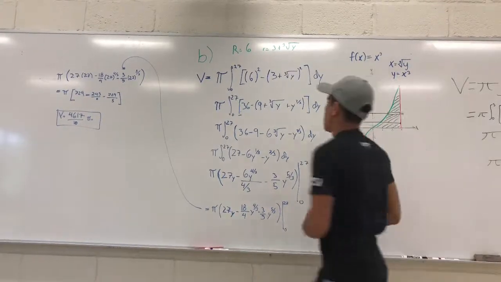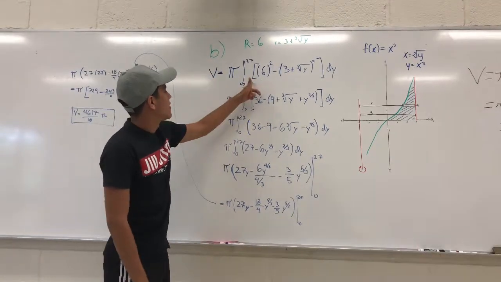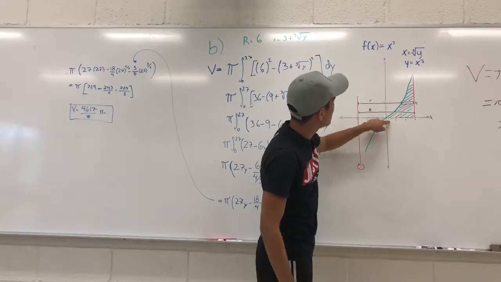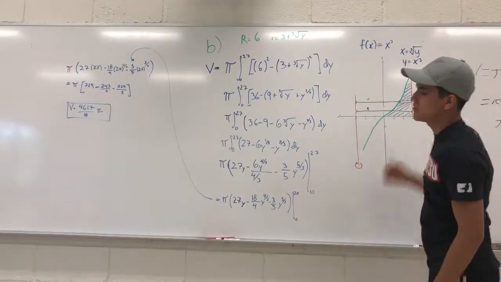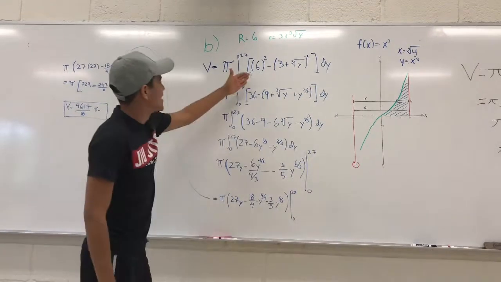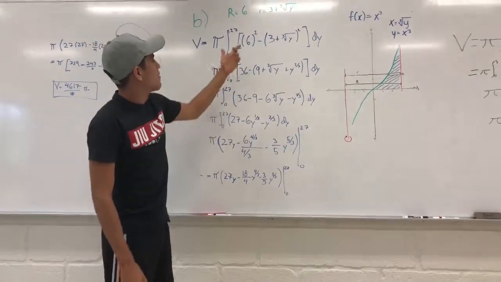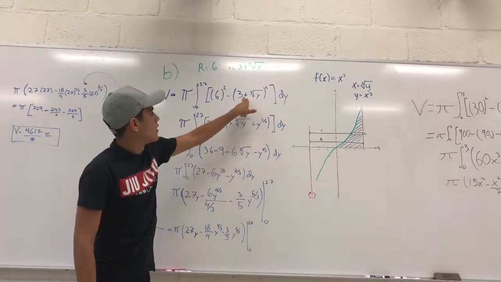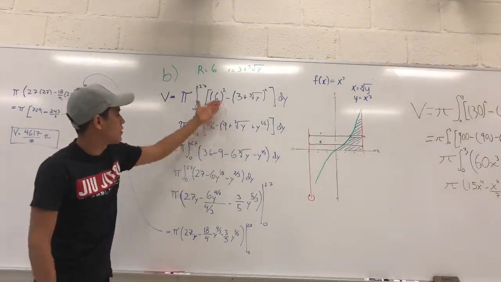To get the volume, we do pi times the integral from 0 to 27, because this goes all the way to 27, of 6 squared, the big radius, minus the small radius squared, dy.